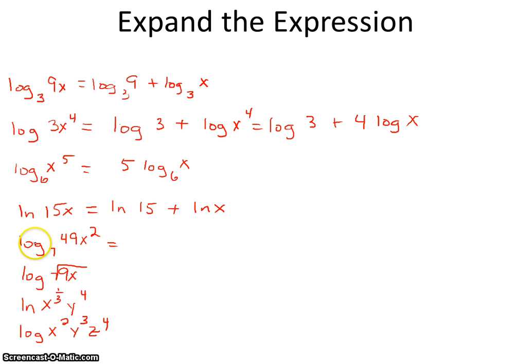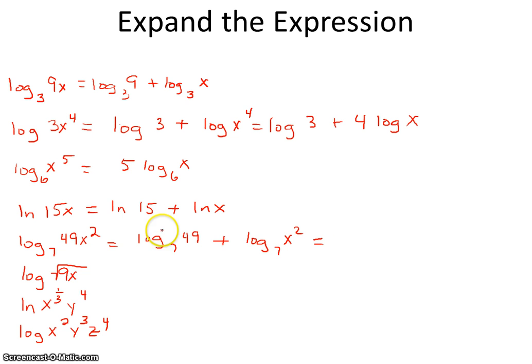Okay, this one I'm going to do product and then power. So there's no quotient. Log 749. I actually know the answer to that one, plus log 7x squared. And so the ones that are completely obvious, highly recommend you go through and do that exercise.